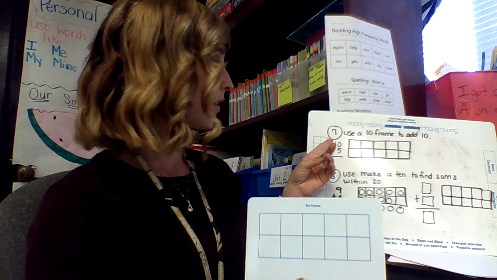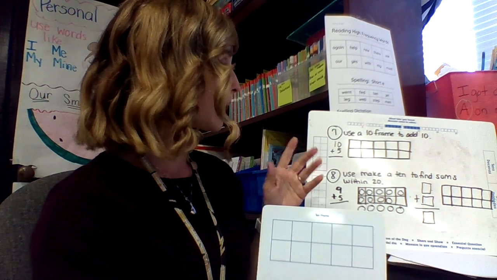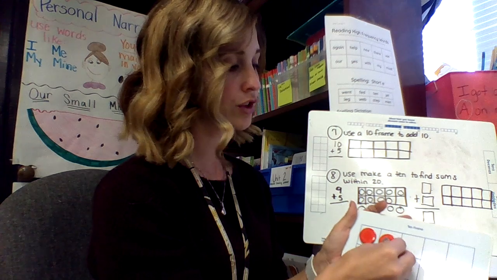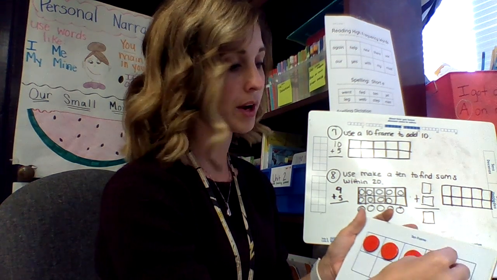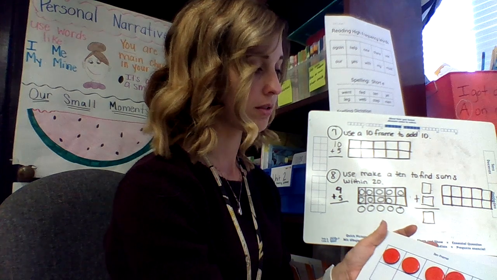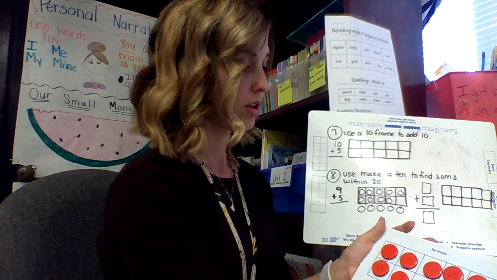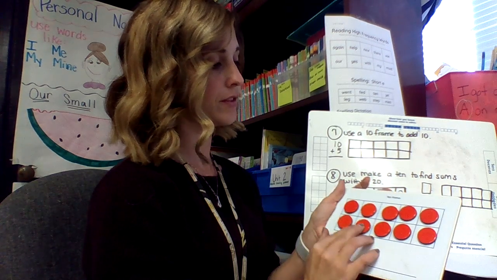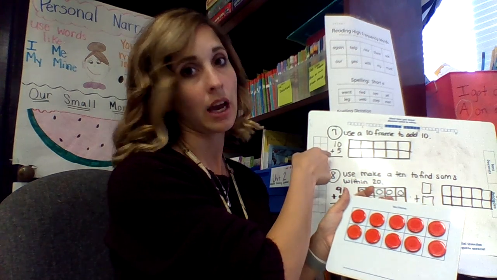So on lesson 7, we're using a 10 frame to add 10. So I did the example of 10 plus 5. Your child's job would be to use 10 counters. So we'll start with red because the first number is usually always starting with red in my class. So let me fill in 10. Okay, so they should have their 10 frame completely filled in. Now we have to show the second add-in, which is 5.